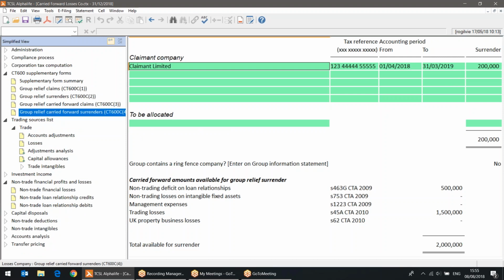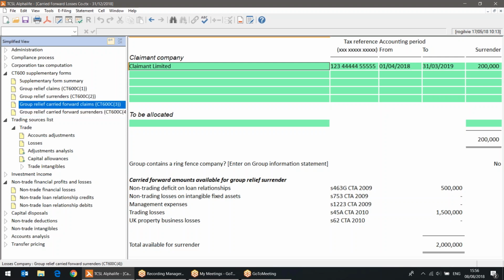There is the same concept of a group relief group with consortium relief also available, and a similar process for drawing up the maximum claim between two companies as the lower of the claimable and surrenderable amounts, including considering the overlapping period between the two companies and any previous claims or surrenders. And from an administrative point of view, the notice of consent to surrender and simplifying arrangements rules are the same as well.